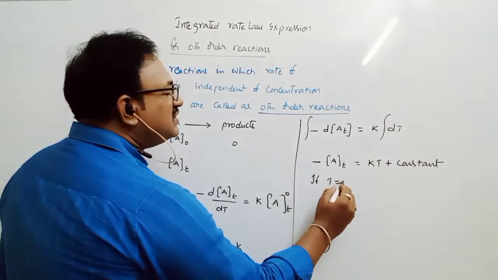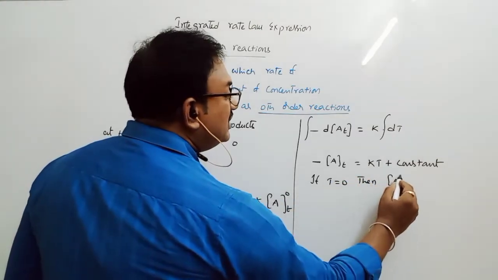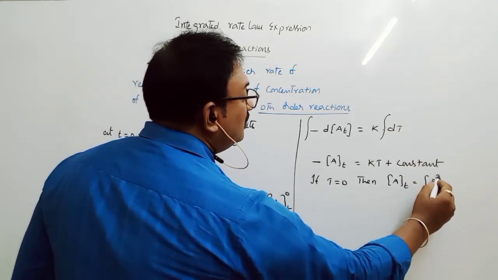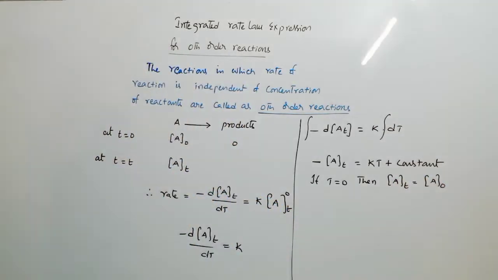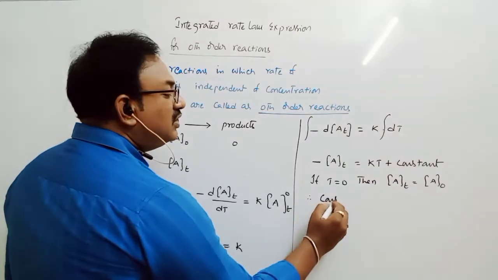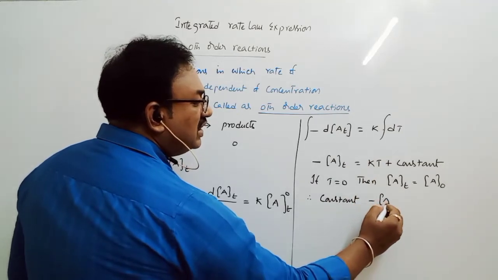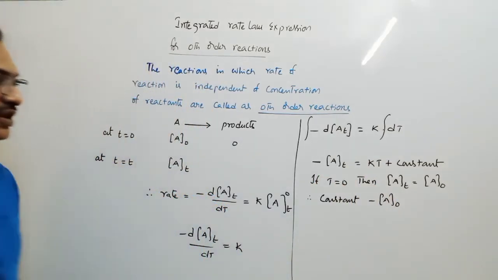Now, if t is equal to 0, then the concentration of A at t time should be equal to A naught. At t equal to 0, no reaction has happened, so the concentration after t time should be equal to the initial concentration. Therefore, the constant is equal to minus A naught.